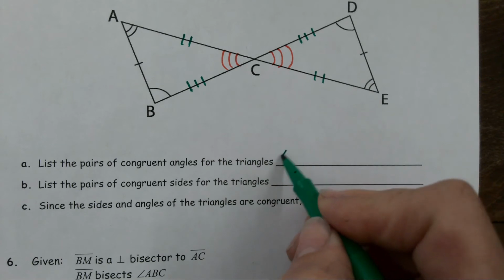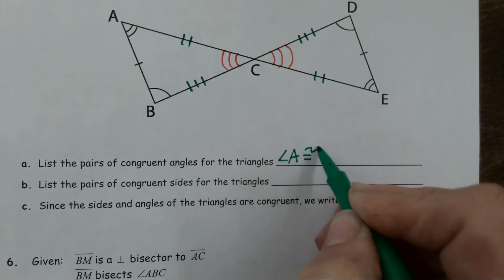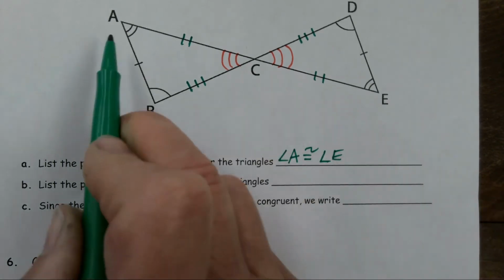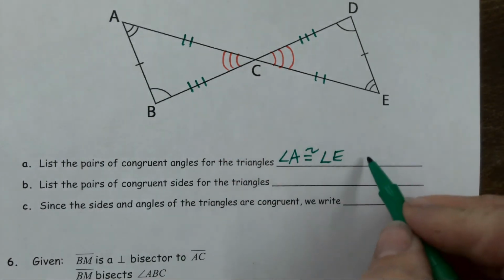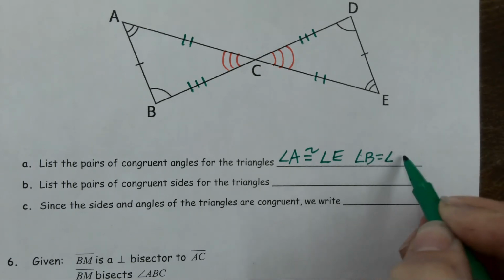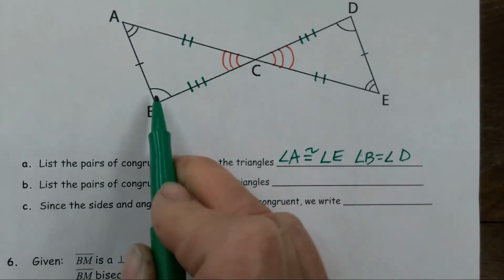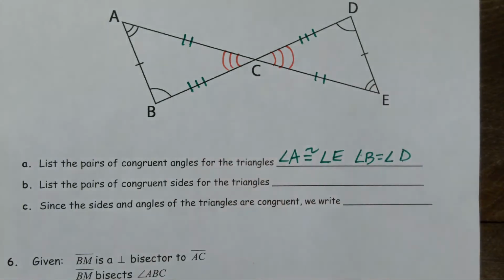So angle A is congruent to angle E because they both have 2 tick marks. And angle B is congruent to angle D because they both have 1 mark. Can I just say angle C is congruent to angle C?